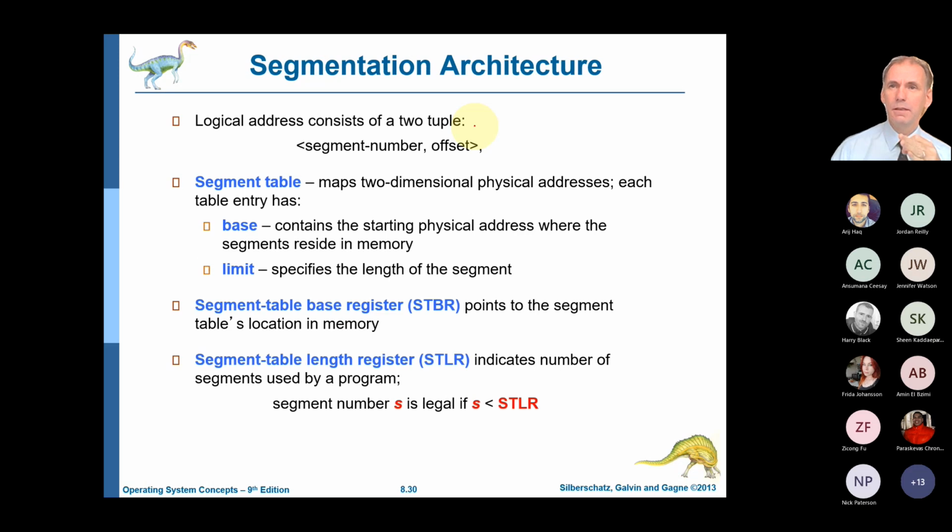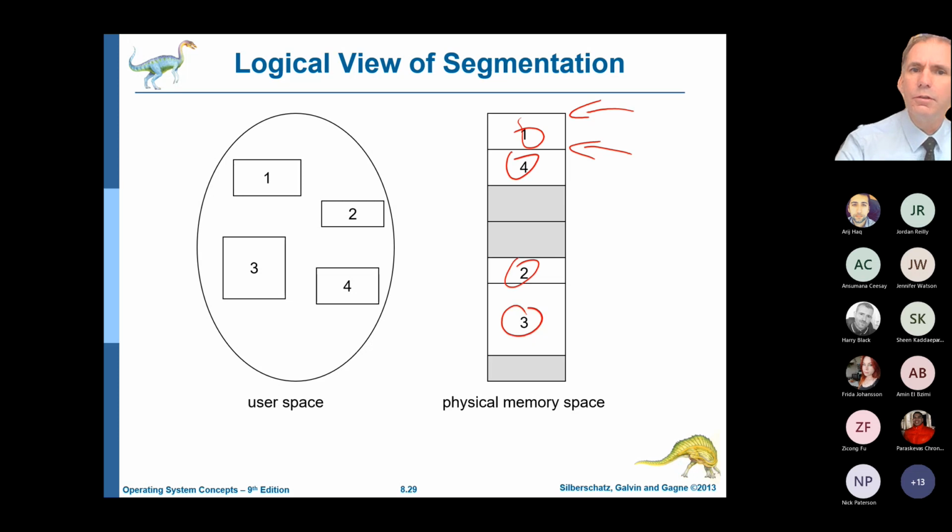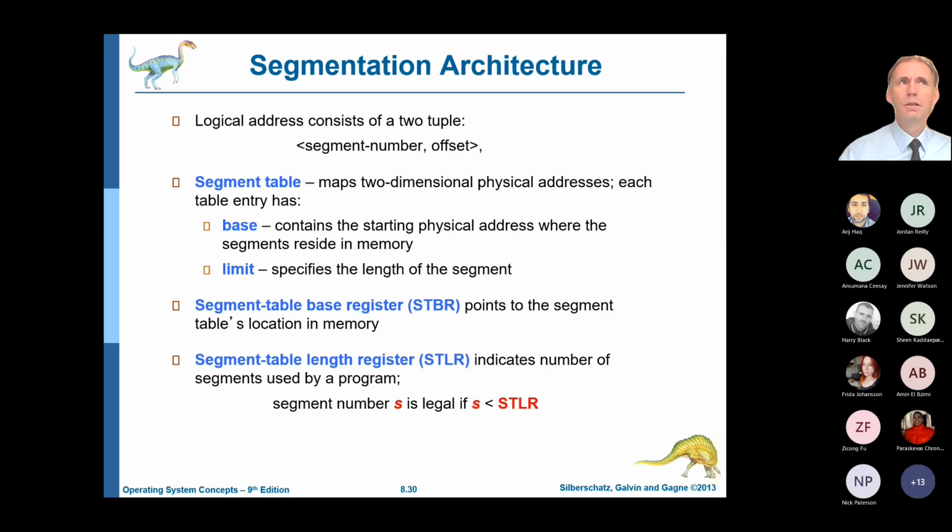Same kind of idea as with a full program. You have a base, where does it start? And you have a limit, where does it end? But you have to do that for all of them, not just for one, but for 4 and 2 and 3. So you have multiple pairs of base and limit.